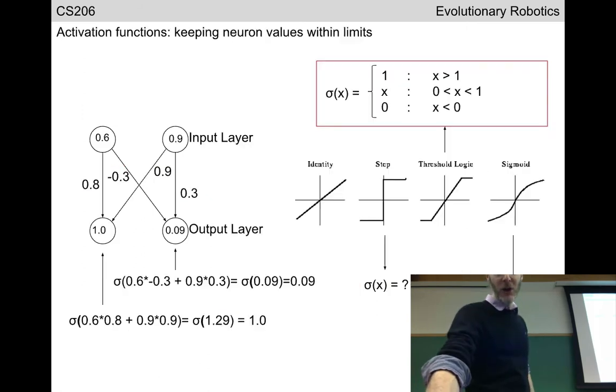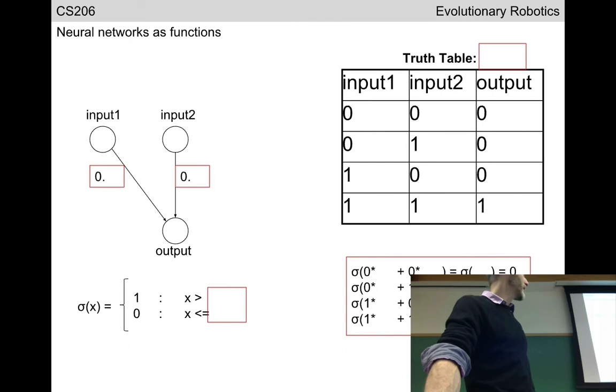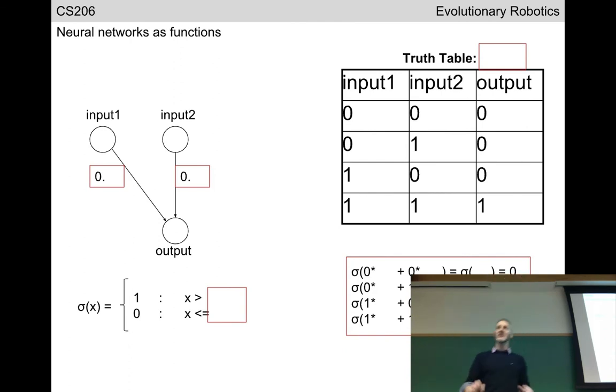If we go back to our 2x2 here, we take a 2-element vector and transform it into a different 2-element vector. Okay, so since neural networks encode functions, we can actually take a function and encode it as a neural network. And by doing that, it's useful because you start to build up an intuition for how these neural networks work. So let's start with a very, very simple example.